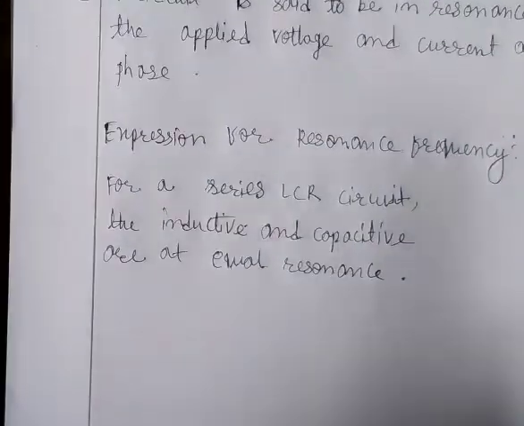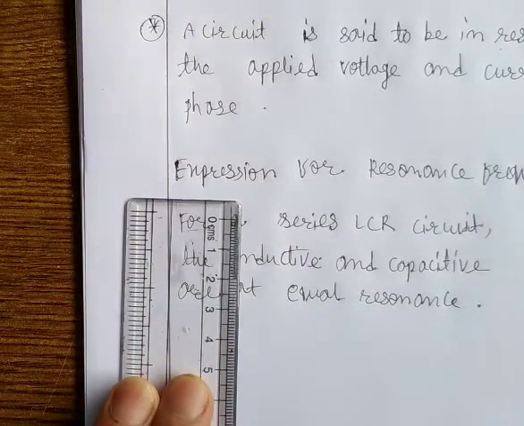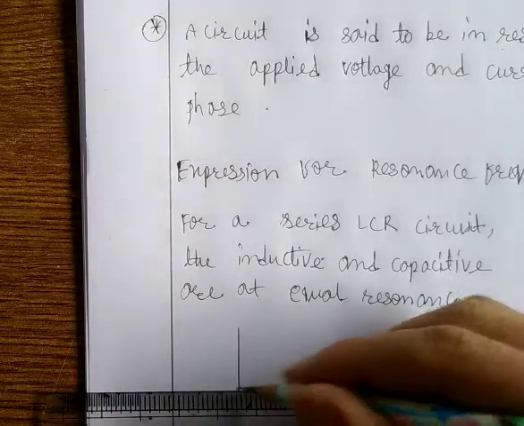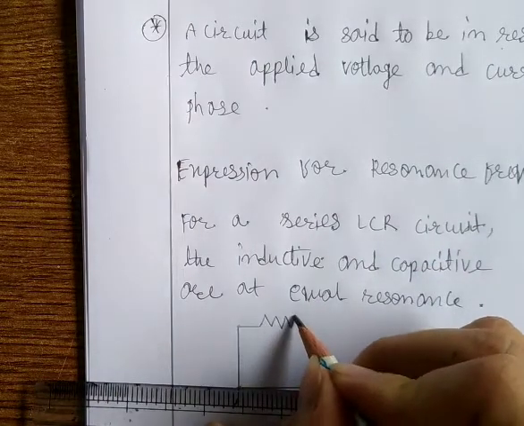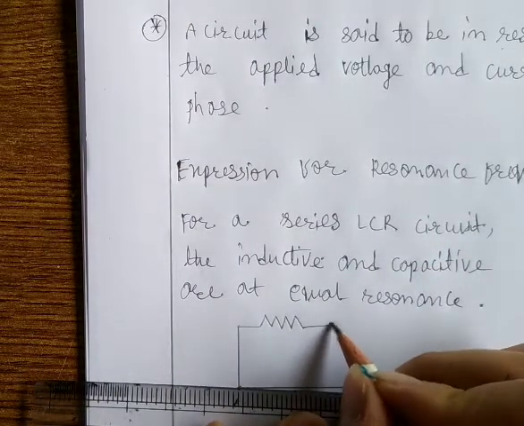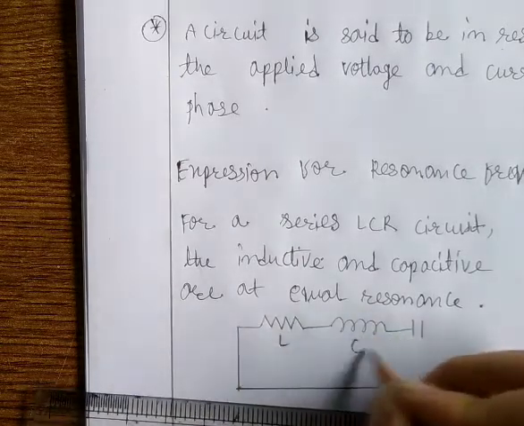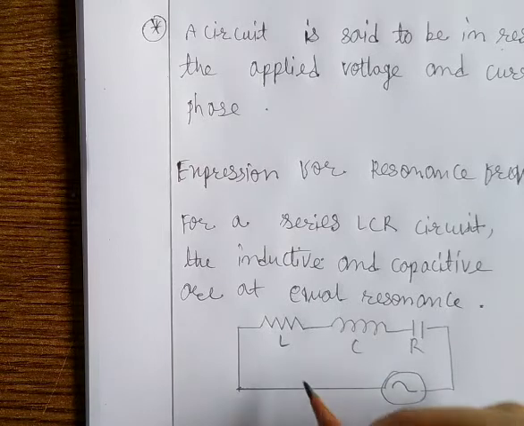I will draw the diagram of the LCR circuit in series. First comes the inductor, then the resistance, and then the capacitor in series, and here goes the current.